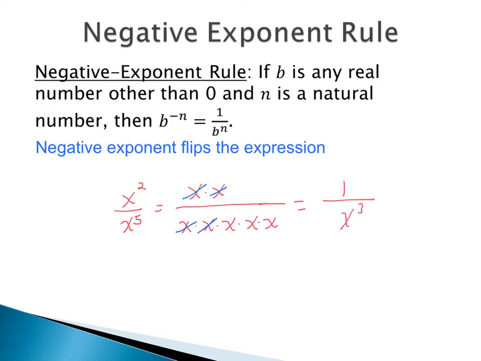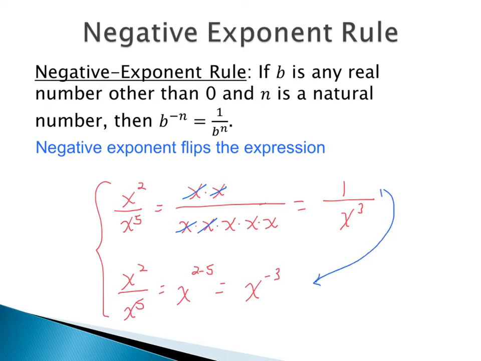Again, if we go back to using our quotient rule, starting off with that x squared over x to the fifth, we would be subtracting our exponents, so I would have x to the 2 minus 5. Well, 2 minus 5 is negative 3. So again, this idea that we started off with two equivalent expressions and we solved it different ways, so then we can say that 1 over x to the third is the same thing as x to the negative 3.